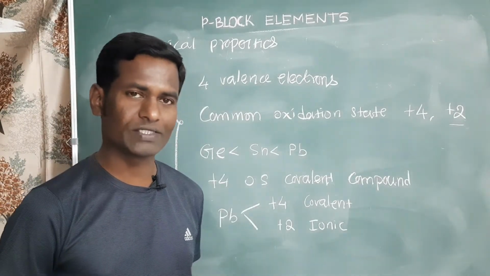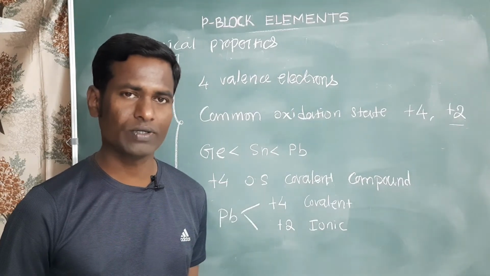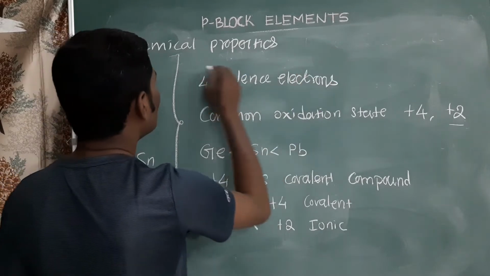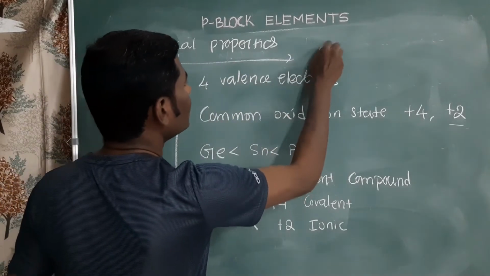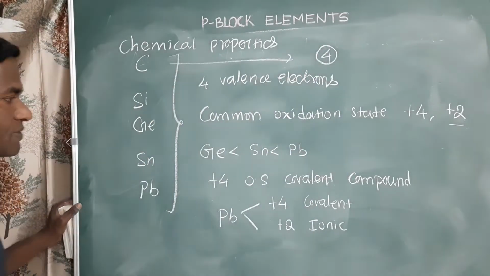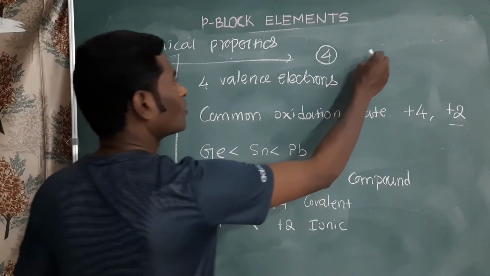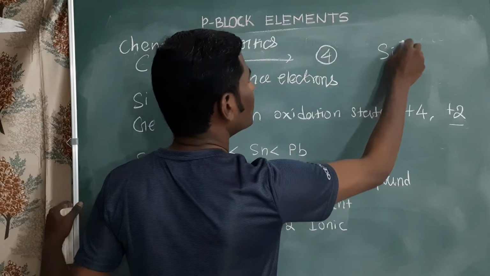When the oxidation state increases, covalent character also increases. Carbon can form a maximum of only 4 covalent bonds due to the absence of d orbitals. But for other elements, the covalent bonds can exceed 4.